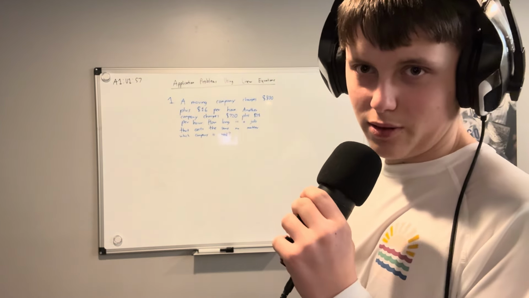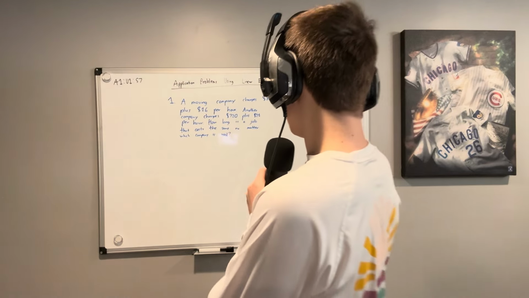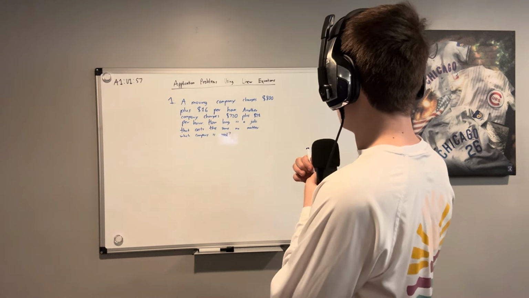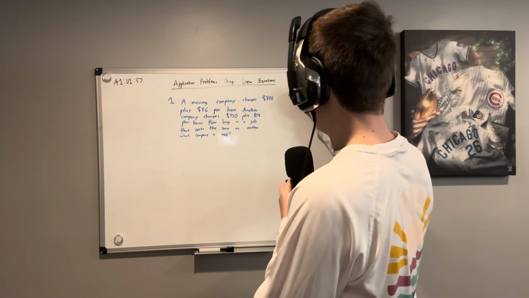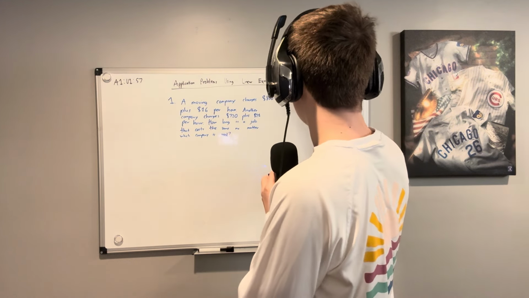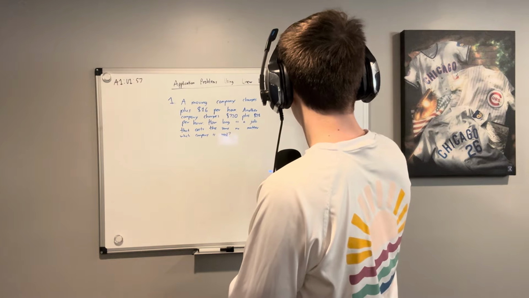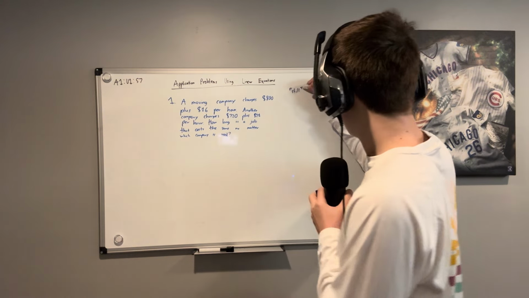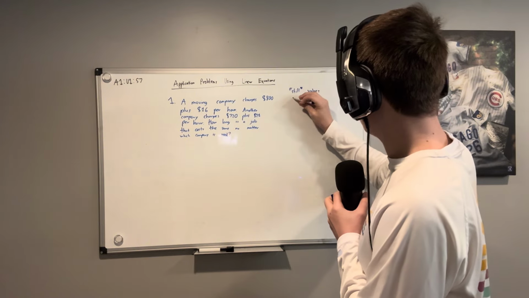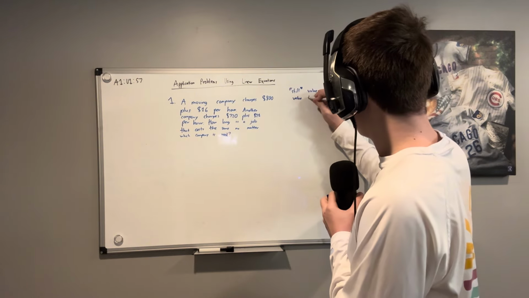Alright, so here are the tips you need to know for this problem. First things first, we want to look at two concepts. We want to know, oh, okay, so this is not the actual definition, but I'm going to call it a still value, which is the value that doesn't change.